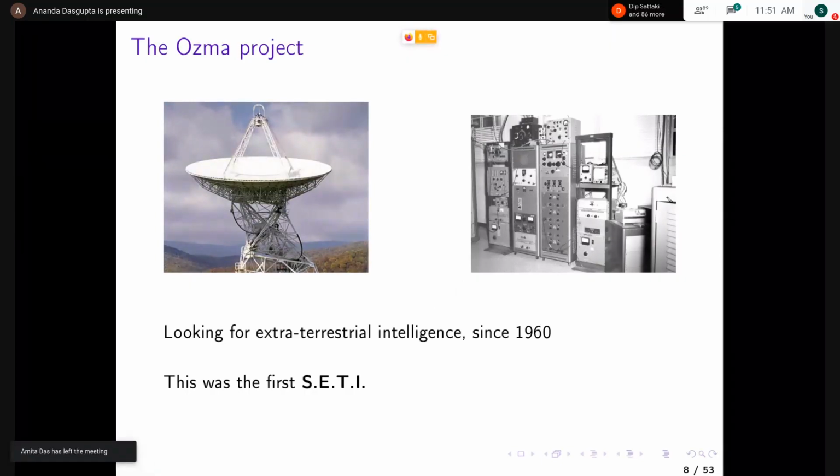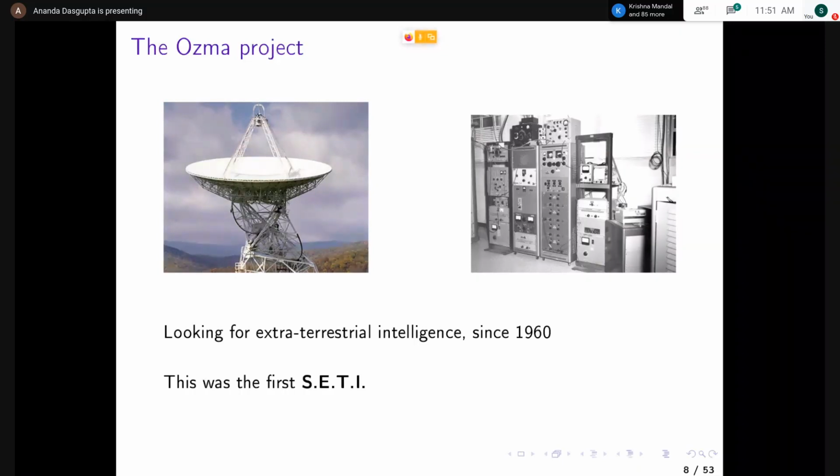Oz is a land which is in the middle of an inhospitable desert. Nobody can go there. Somehow Dorothy manages to land up there and comes back with news of it, or tales about this wonderful land which nobody believes, of course. And that's what the stories are about.